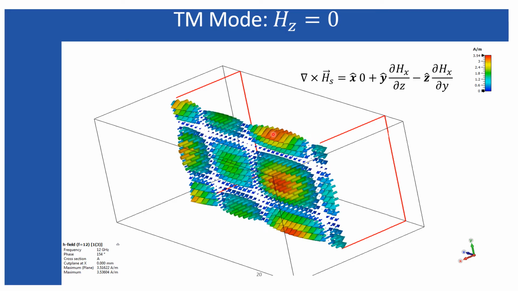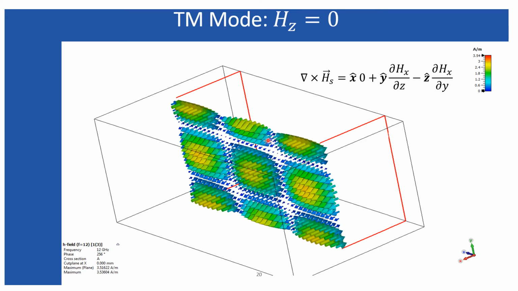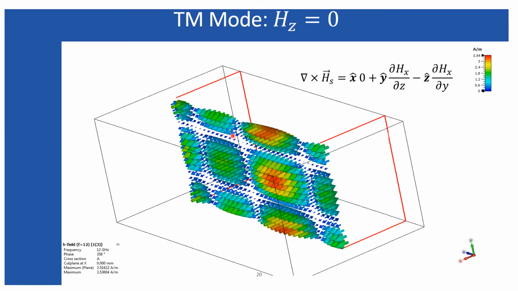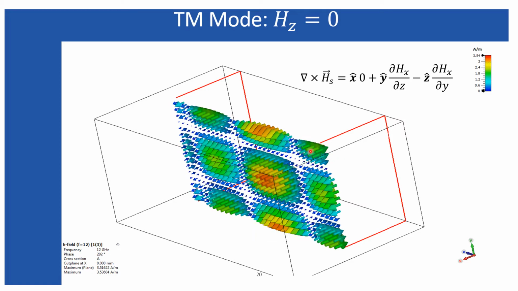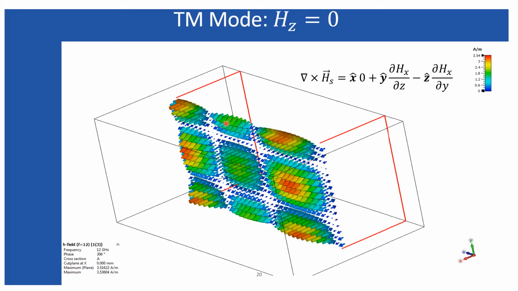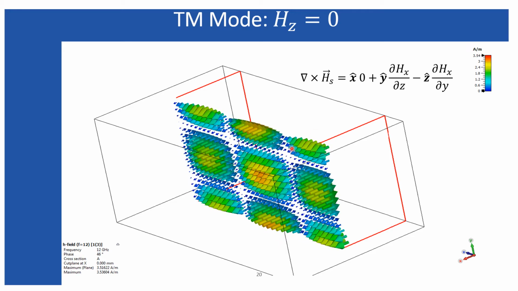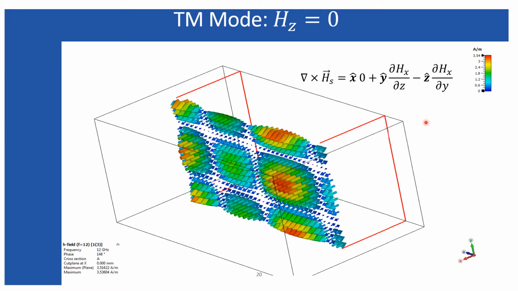Somewhere it attains its peak, somewhere it is almost zero, somewhere it attains its negative peak along the z direction, and with such variations it is also propagating along the z direction, and that propagation is due to the e to the power factor.